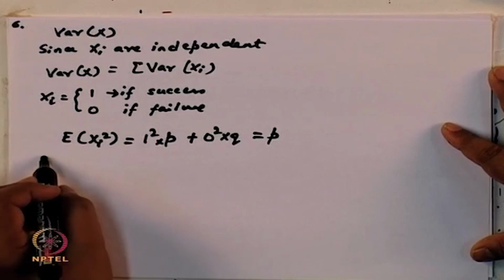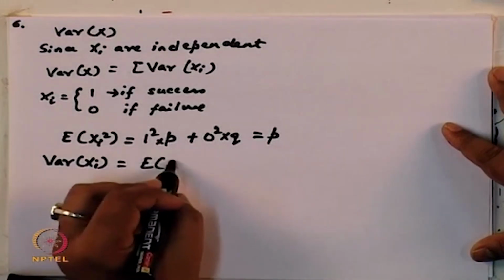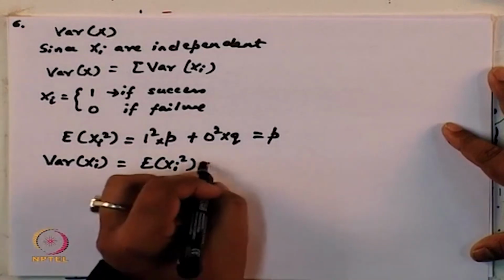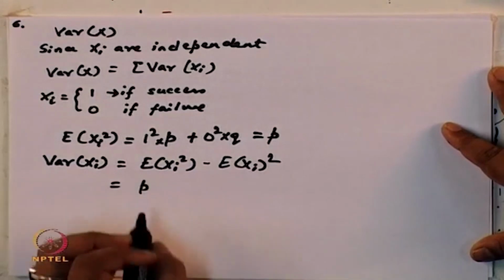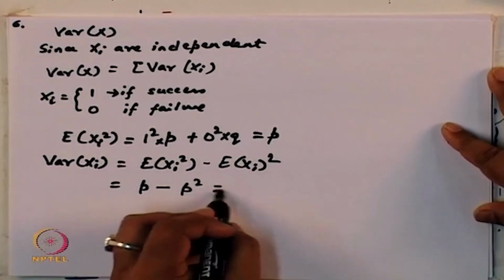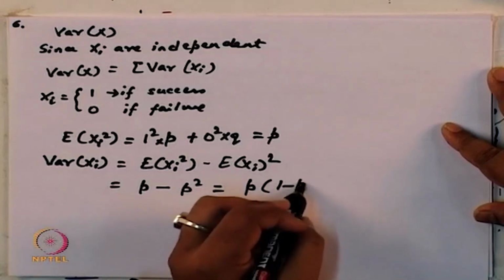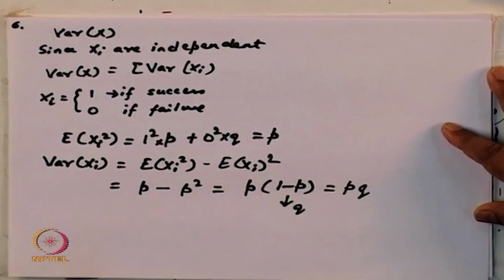So your variance of Xi is going to be E of Xi square minus E of Xi whole square. This is p and this is p square. So I can write p into 1 minus p, and 1 minus p is nothing but q. So this is pq.